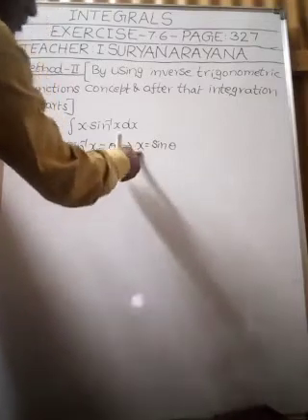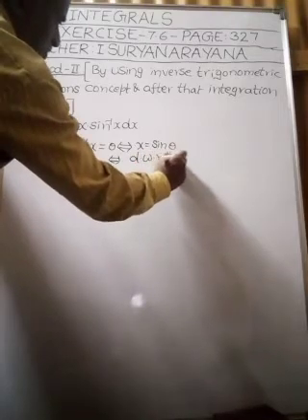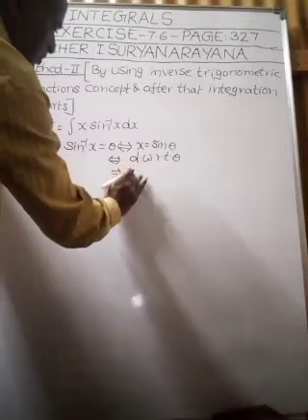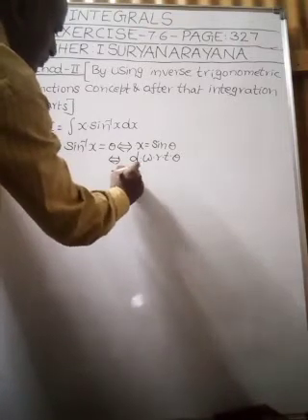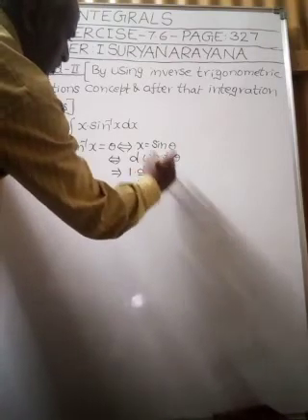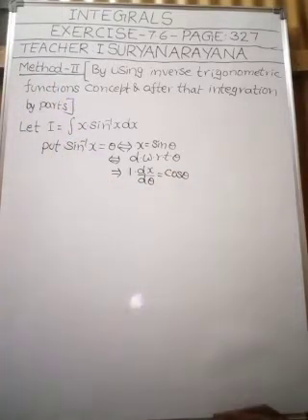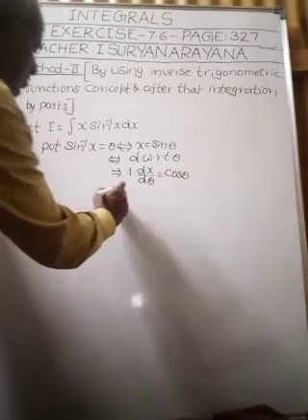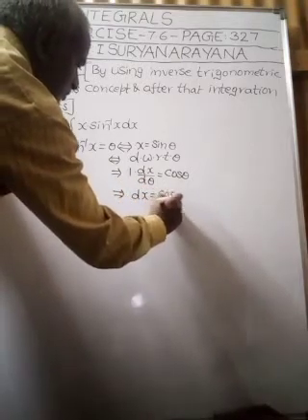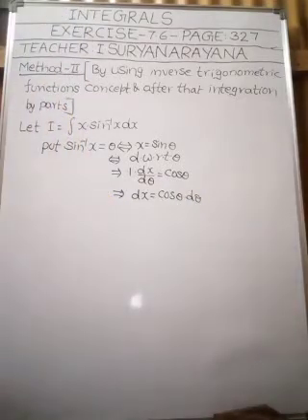Derivative of x is 1, so dx by d theta is equal to the derivative of sin theta, which is cos theta. Understood this one? So dx is equal to cos theta d theta.